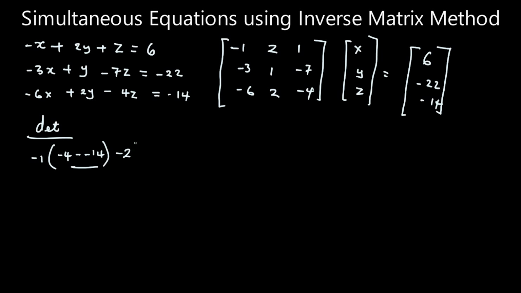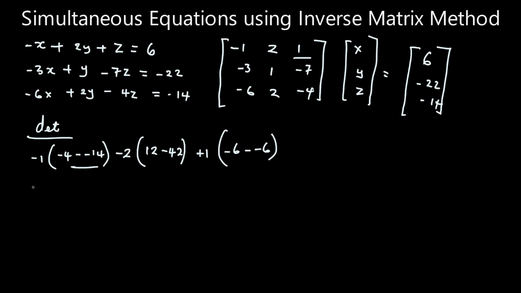Then we have minus 2 into, you close down again the row and the column that has 2, it will give you 12 minus 42. And the last one is 1, so we have plus 1. You close down the row and the column that contains 1, you solve out this determinant, it should give you minus 6 minus minus 6.